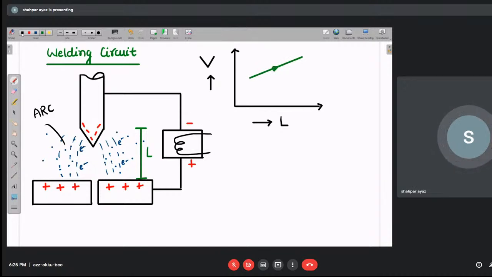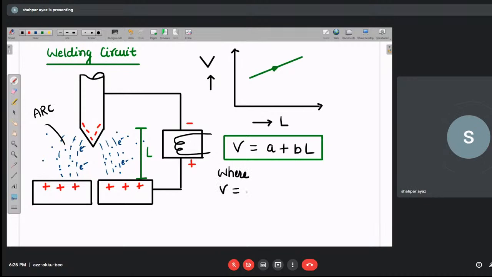Y is equal to mx plus c, and the relation is V is equal to A plus BL, where V is your arc voltage in volts, and L is your arc length in mm.